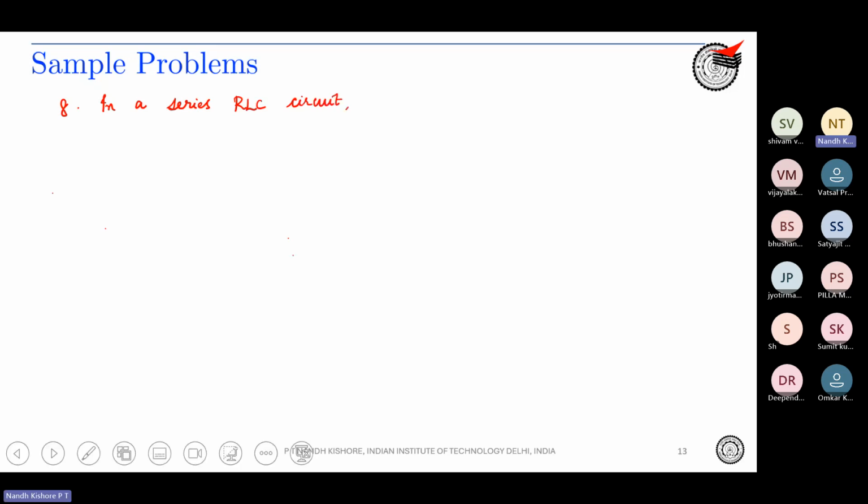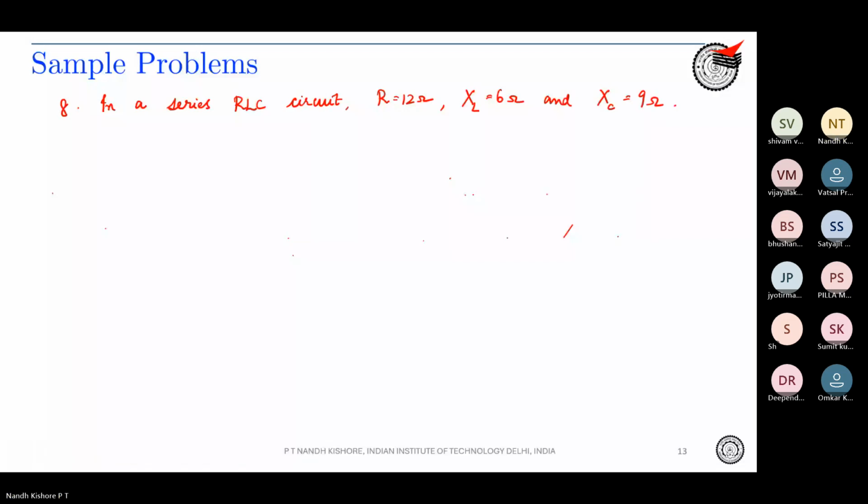In a series RLC circuit, R is equal to 12 ohms, XL is 6 ohms, and XC is 9 ohms. So series RLC circuit, R, XL and XC are given. And the supply voltage RMS value Vs is given as 100 volts.